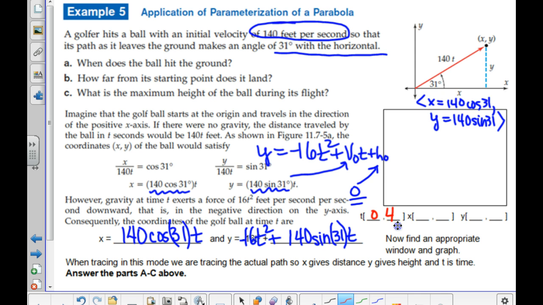I wouldn't start out with 10 because the calculator has to calculate all this stuff and it takes forever. If it stops in midair, then you know you need to add a little more time. So I would start with something small. This is a golf ball, I think it's going to go pretty far. X is how far away from us it goes in feet. Somebody throw out a number. 200 feet. How high does it go? 300. I think those might be backwards in terms of proportion, but let's try it.